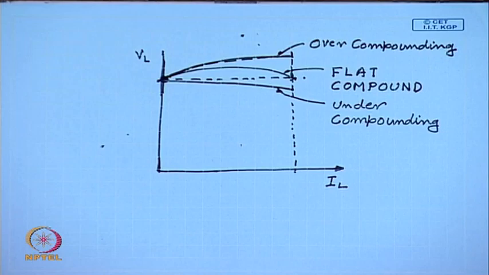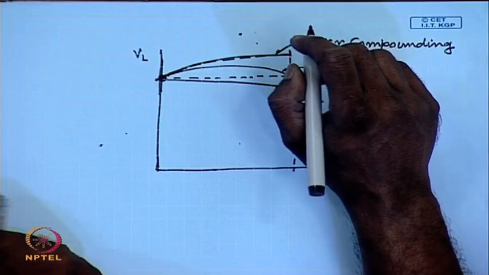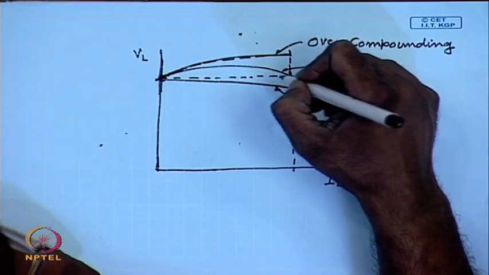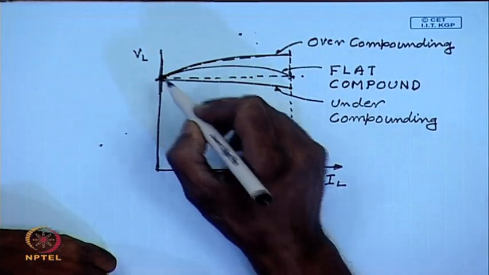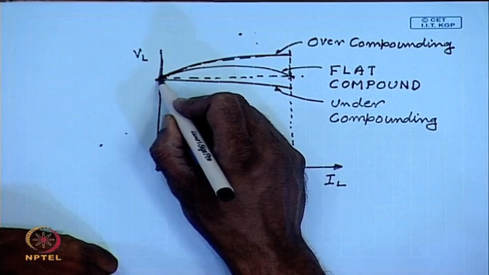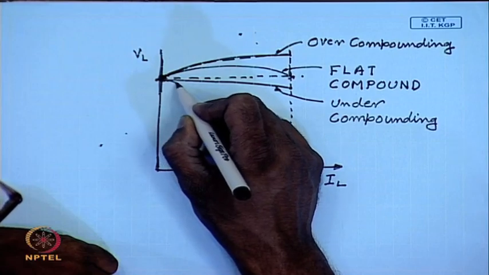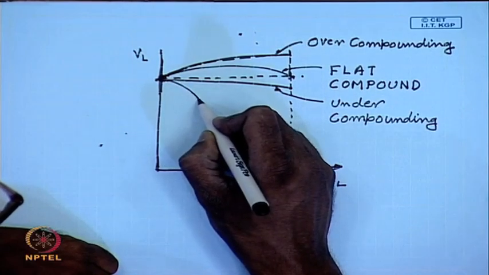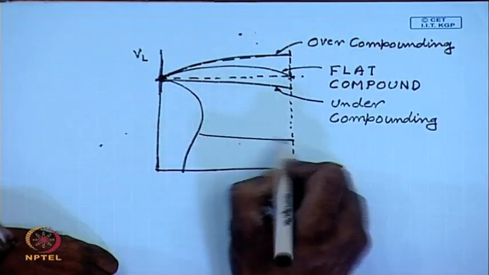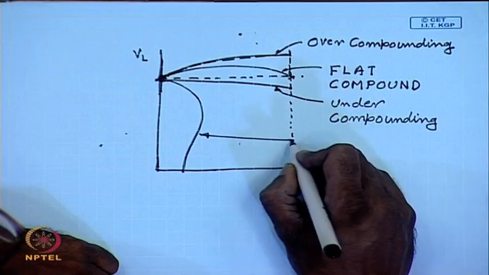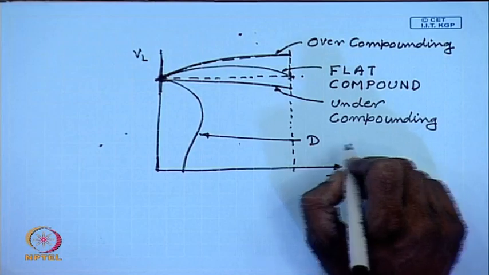These characteristics are obtained when one uses a cumulatively compound generator, but when a differentially compounded generator is used, the output characteristics are very different. In fact, it looks more like a shunt generator with very large current, that is the output voltage drops off very fast, and in fact, it behaves more or less like a current source rather than a voltage source.